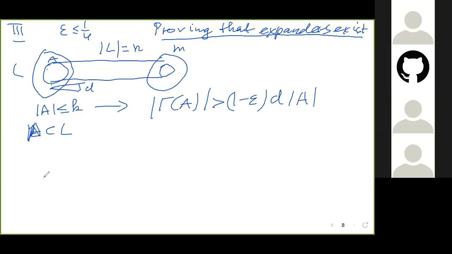And we will use a randomized construction. More precisely, a randomized argument.